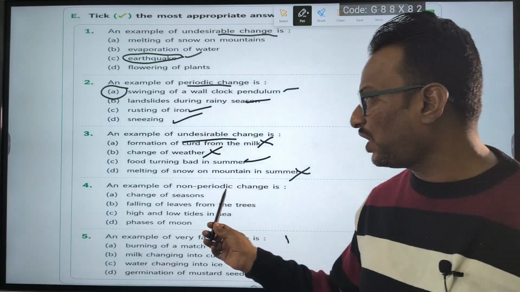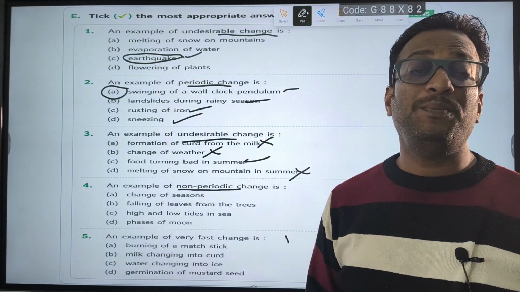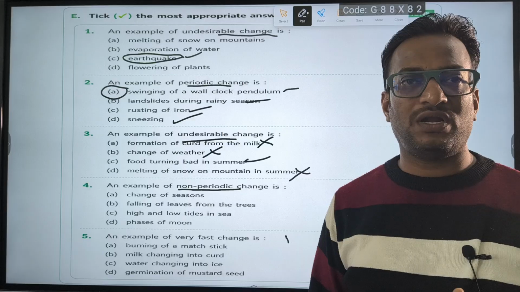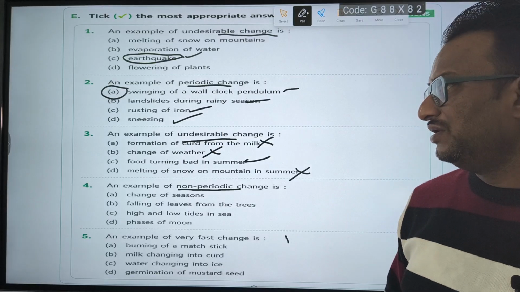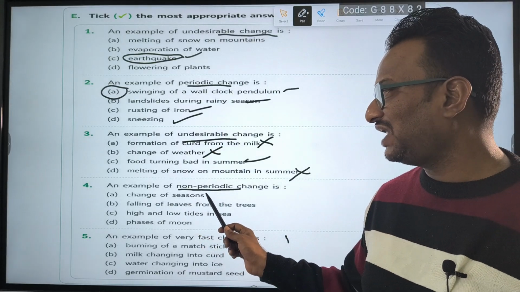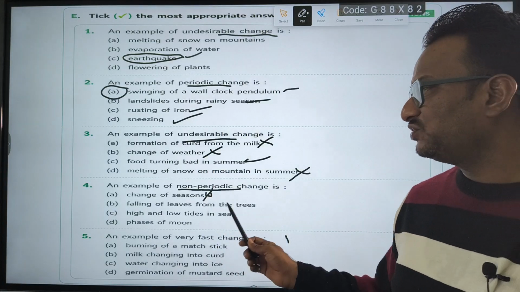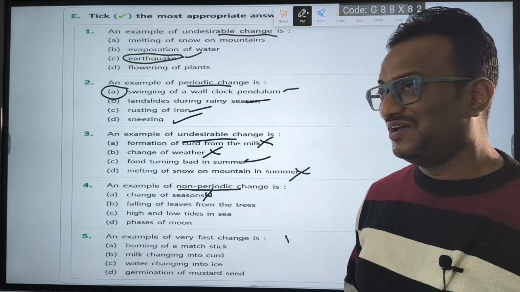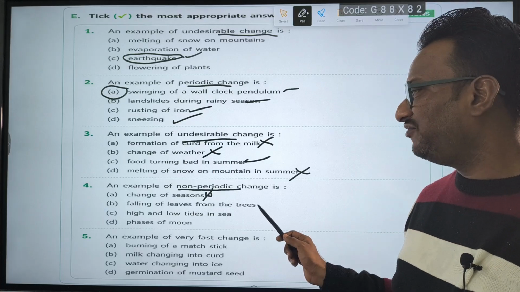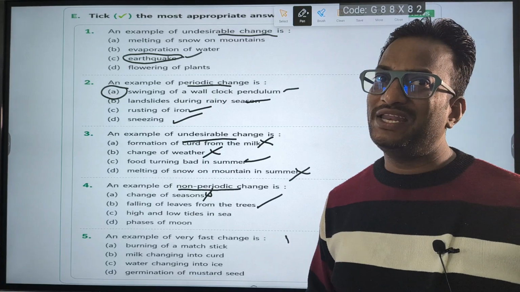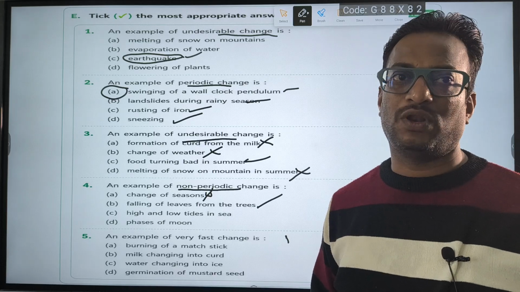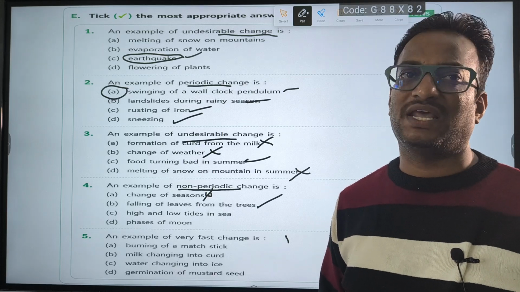An example of non-periodic change. Non-periodic means it does not happen regularly. Change of season actually occurs regularly, so it is a periodic change. Falling of leaves from the trees happens only at a few times, not all over the year.